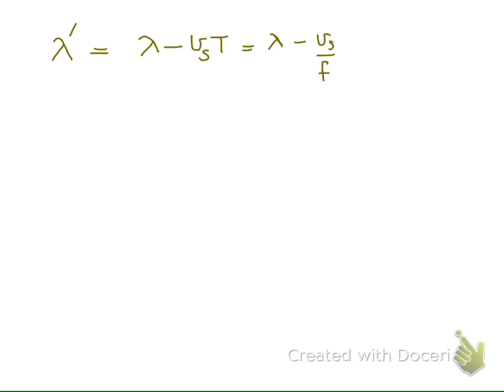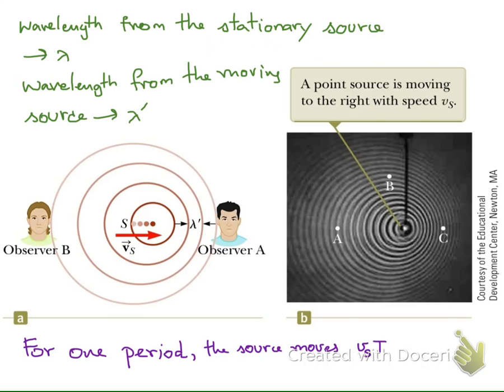However, since the sound wave moves independently from the source, this observer A will see the same velocity of the sound wave as the wave that comes from the stationary source.